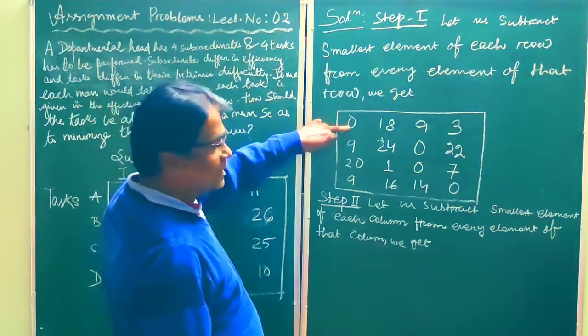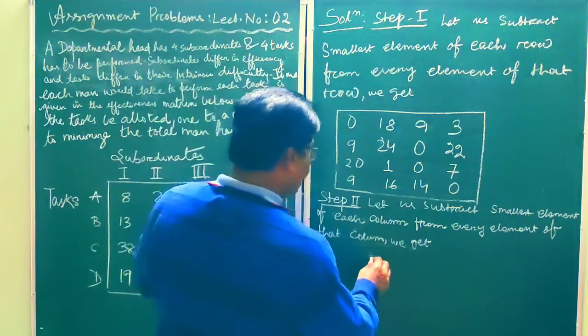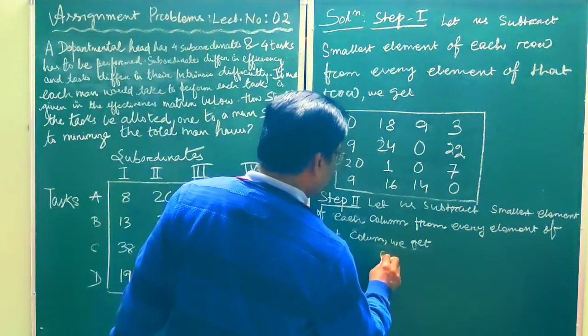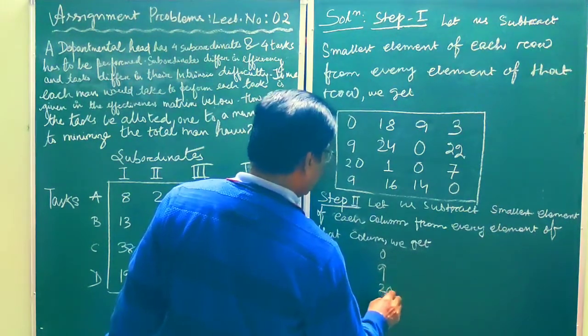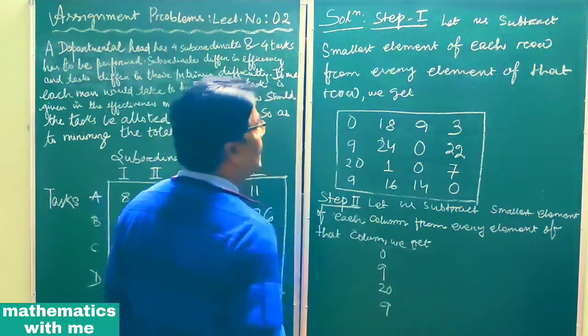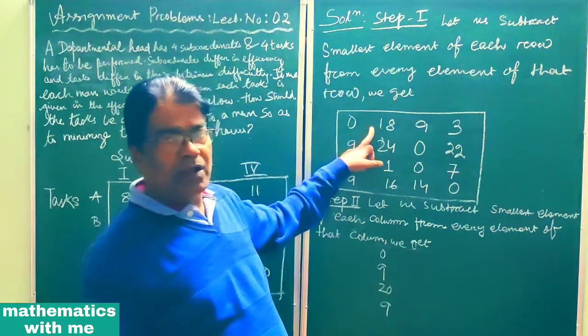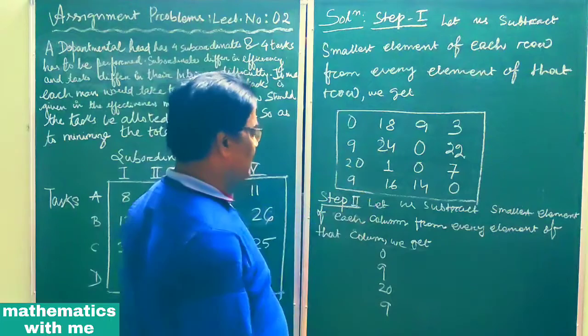Here the first column, minimum element is 0, so there will be no change at all. Here it is 0, 9, 20, 9. In the second column, 1 is the minimum element.